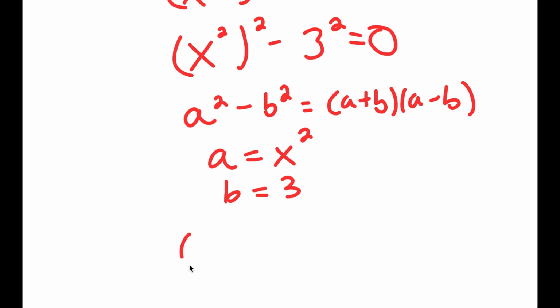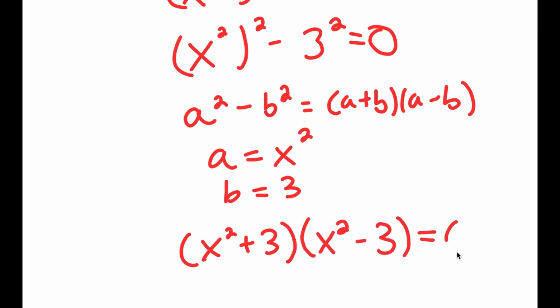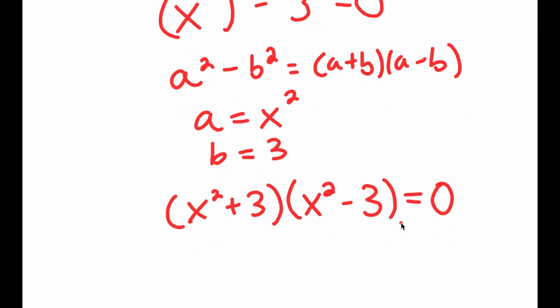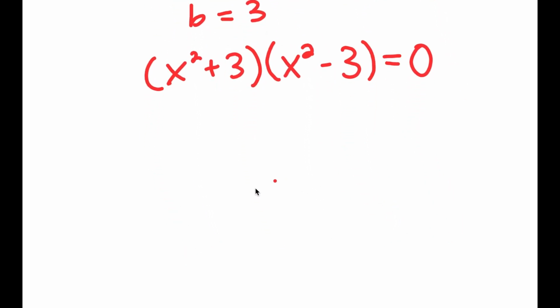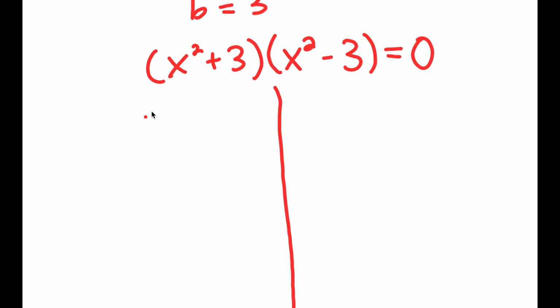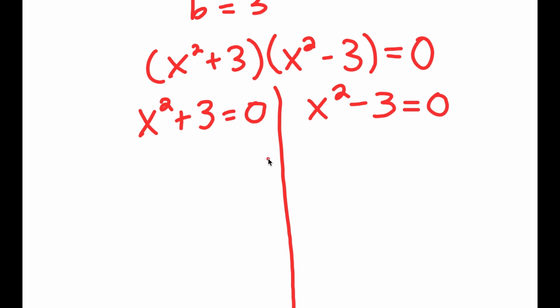So now I'm going to be left with x squared plus 3 times x squared minus 3 is equal to 0. So now this is going to give me two equations. I get x squared plus 3 is equal to 0, and I get x squared minus 3 is equal to 0.